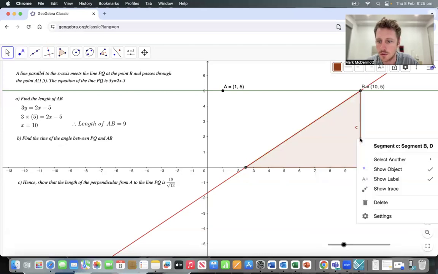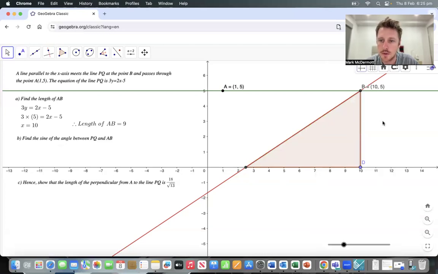Don't need those labels. So the question says find the sine of the angle between PQ and AB. So what is this angle in here? You would hopefully recall from alternate angle theorems that this angle here is the same as this angle down here. So this is why I've created my triangle like this.